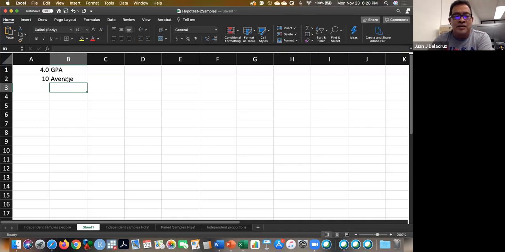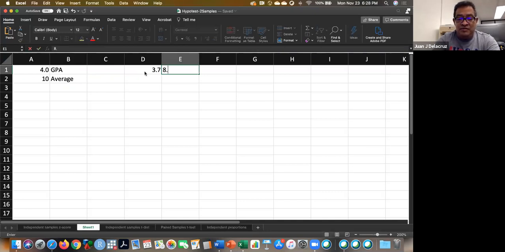At some point, I might have a mean in one school of 3.7, and then a mean of the regular score that is 8.75. I want to know how these averages are different from each other, or whether they might be the same.